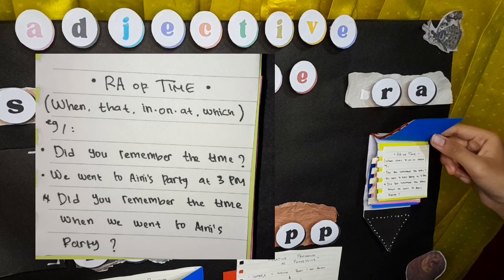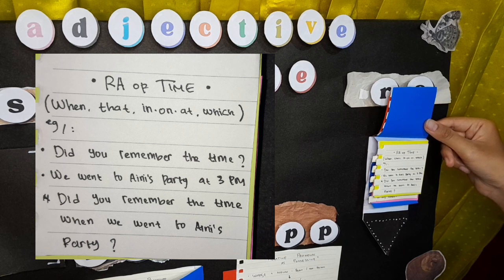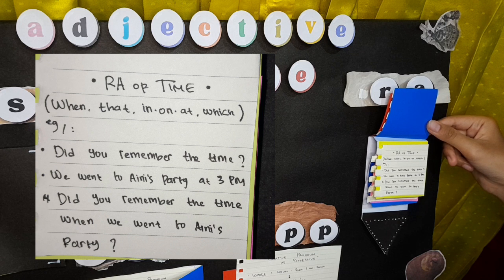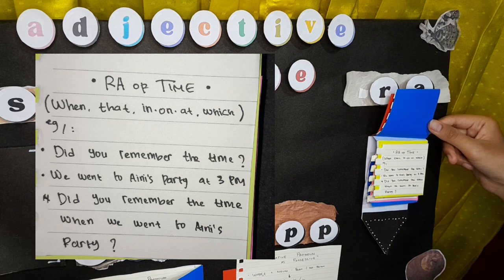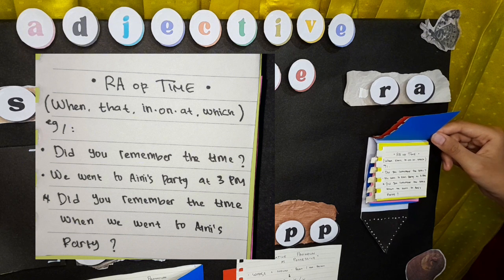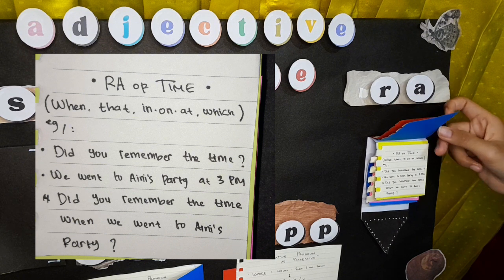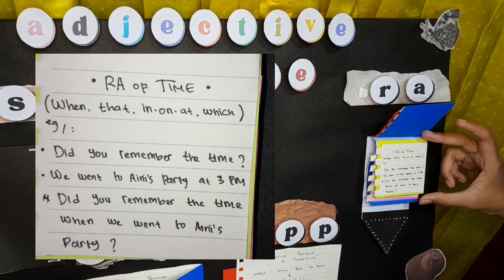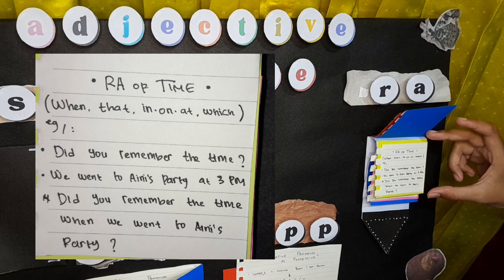The second is RA of time, where the conjunctions are when, that, in, on, at, and which. For example, the first sentence is, did you remember the time? And the second sentence is, we went to Aini's party at 3 p.m. Then, when combined it becomes, did you remember the time when we went to Aini's party?